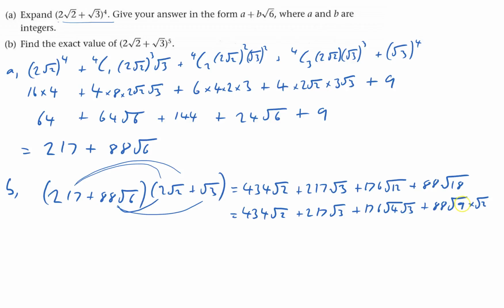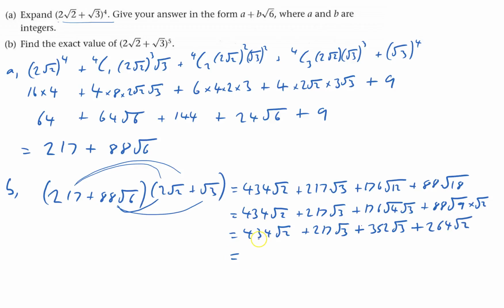And as always, I put the square number in first. So it's 434√2 plus 217√3 plus 352√3 plus 264√2.